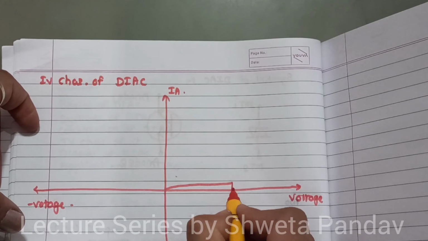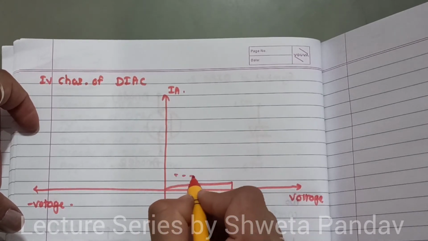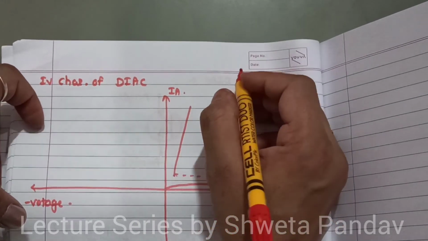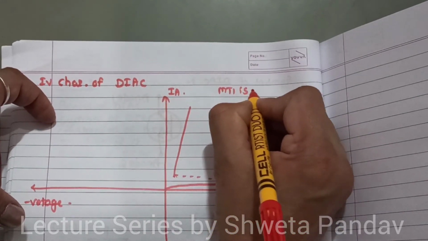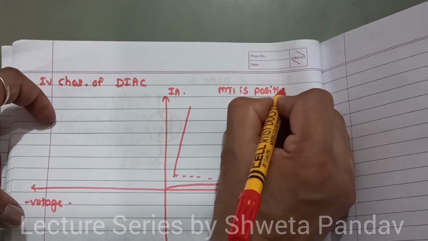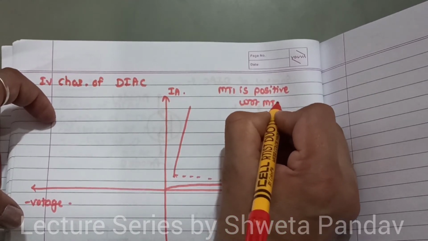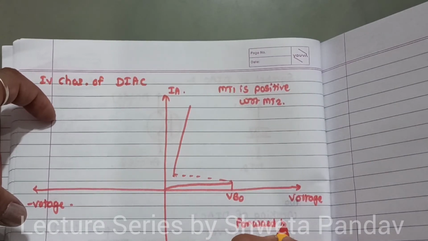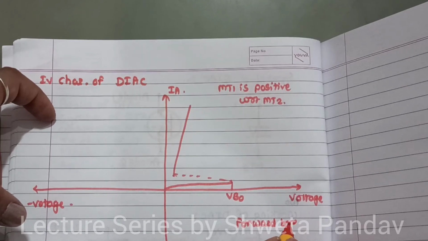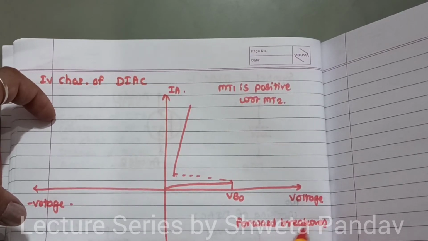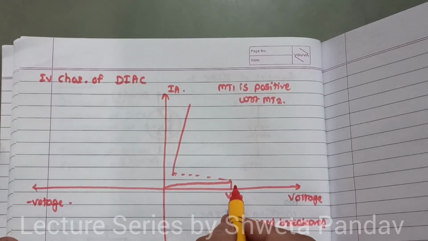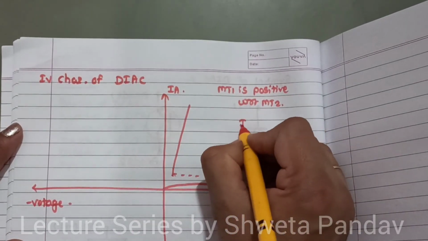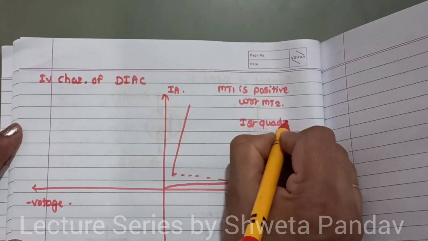After crossing the breakover voltage, the DIAC starts conducting, and this occurs when MT1 is positive with respect to MT2. This voltage is called the forward breakover voltage. After forward breakover voltage, the DIAC starts conducting, and this happens in the first quadrant.